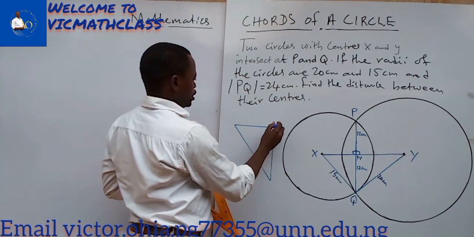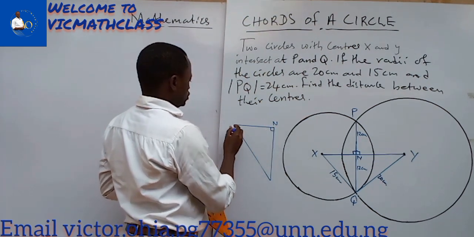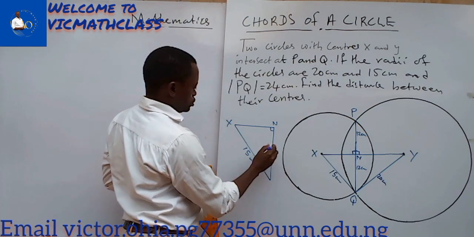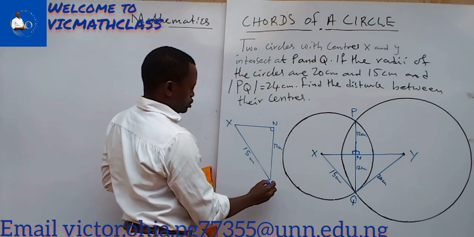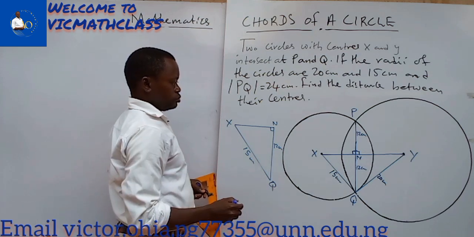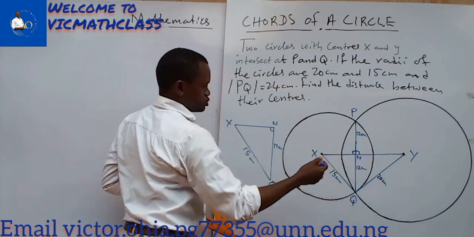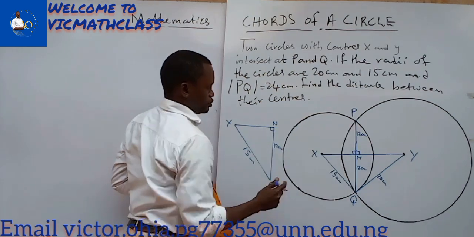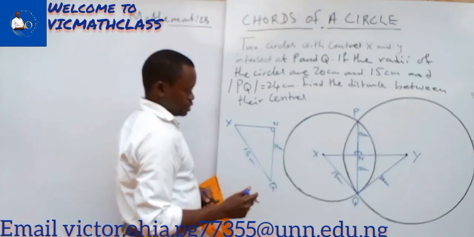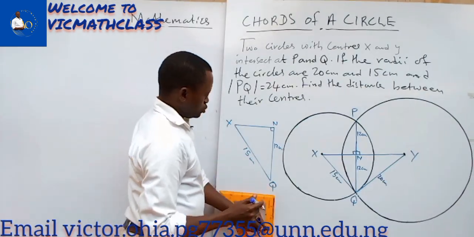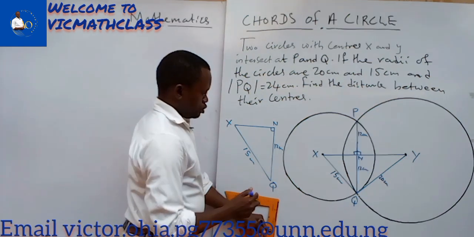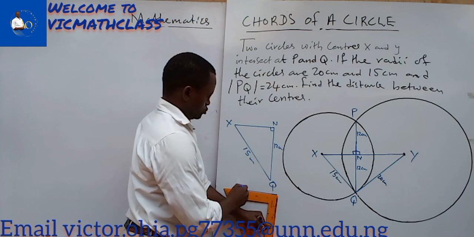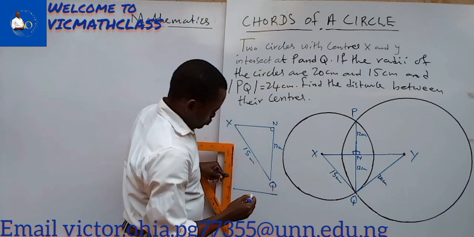And this is N, this is X. This is 15 cm, this is 12 cm, and this is Q. Because those two centers they ask us to find are X, N, and Y. Do we get that? X, N, and Y. Let me also extract that. Look at this now.